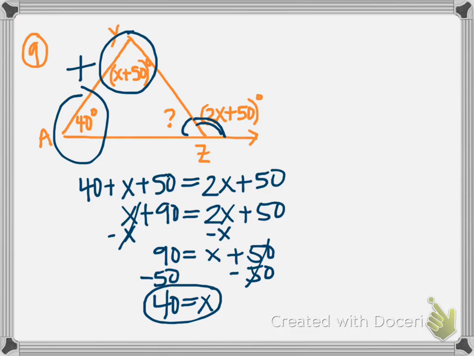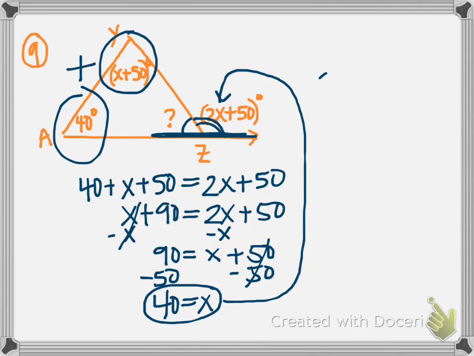Now the question was, what's the measure of angle YZA, where the question mark is? If I look at that angle, along with the exterior angle, the 2x plus 50, those I can see form this straight line, which means they are supplementary. So if I can evaluate the exterior angle when x is 40, I'll get 2 times 40 plus 50. 2 times 40 is 80. 80 plus 50 is 130 degrees.